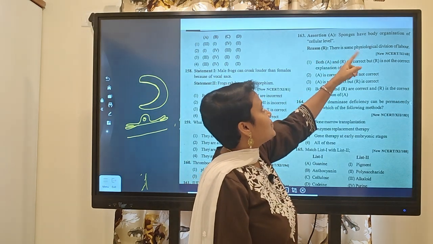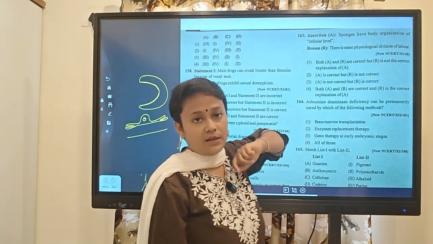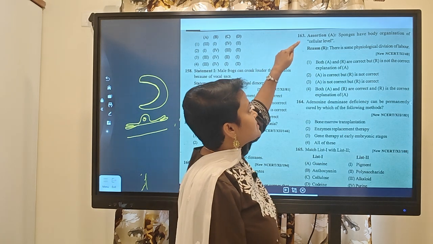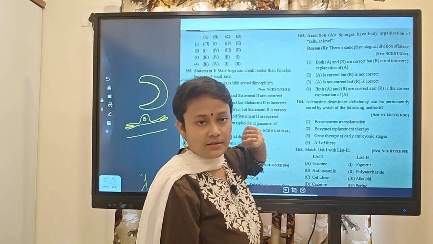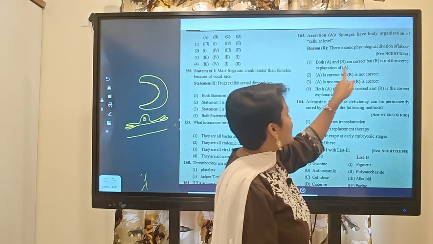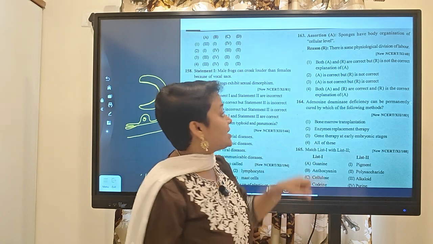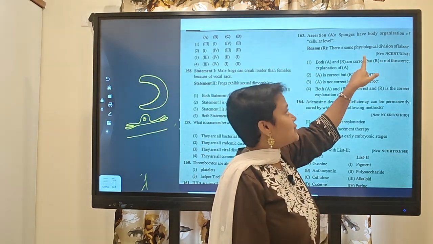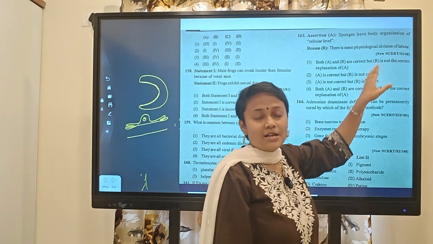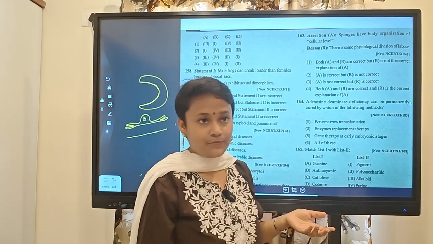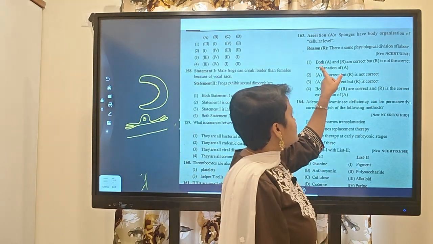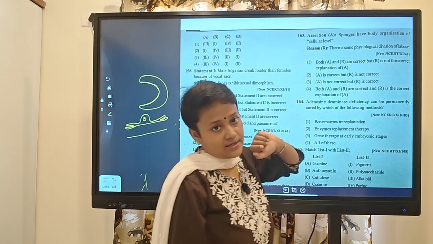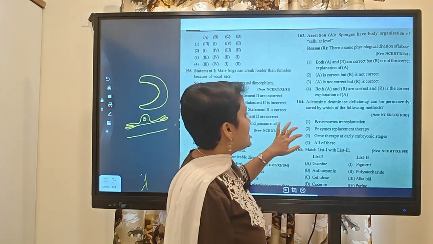Sponges have body organization of cellular level. So both the statements are correct, but it is not the correct explanation, because if there is true physiological division of labor, there will be formation of tissues, right? So option 1 will be the correct answer.